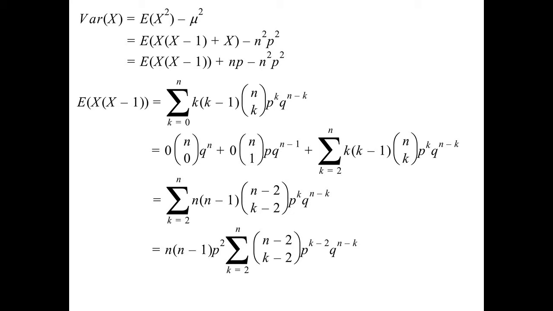n minus 1's a constant, I can pull that out. I'm also going to pull out p squared, which means my p inside the sum becomes p to the power of k minus 2. So I've now got the sum from k equals 2 to n of n minus 2 C k minus 2, p to the k minus 2, q to the n minus k.